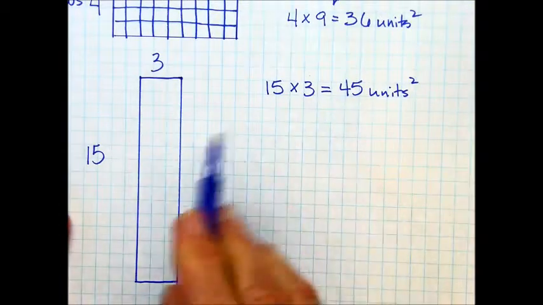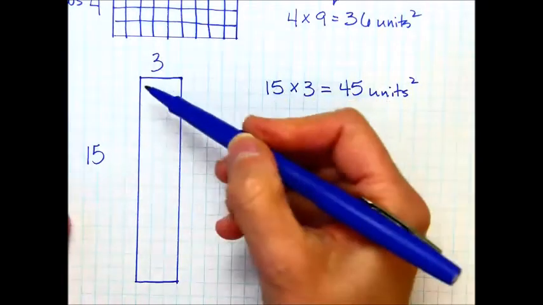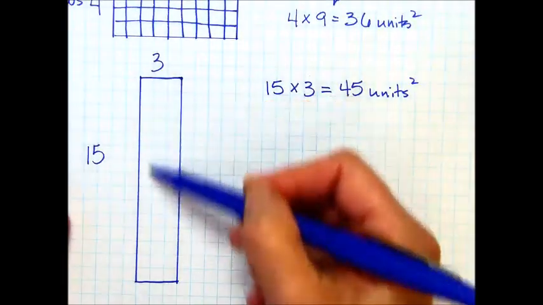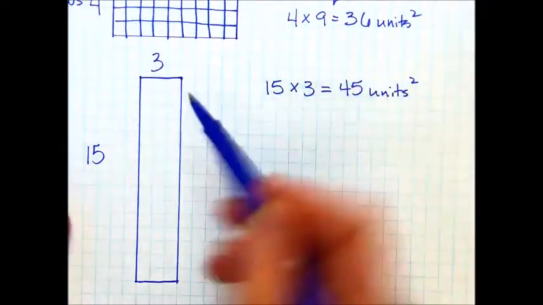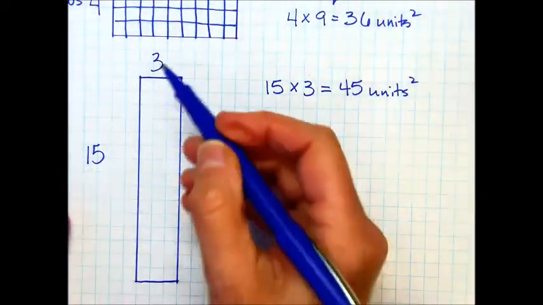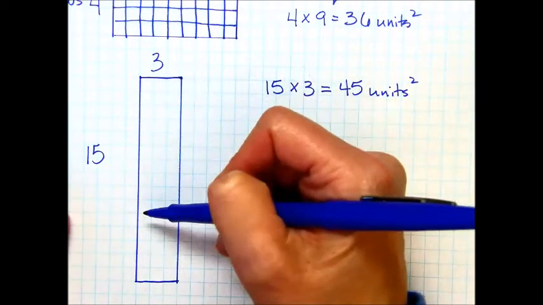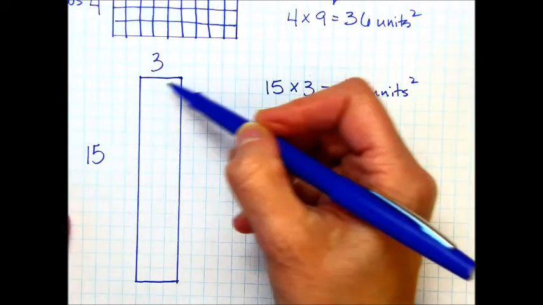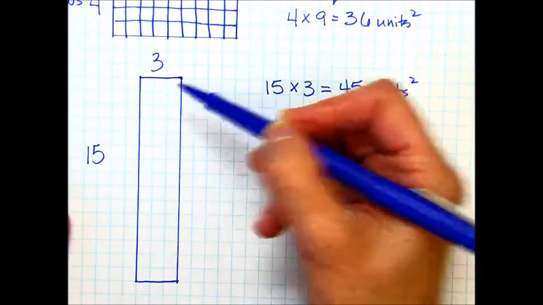If I wanted to count them up, I can count by 15s. I could go by columns if I wanted, or I could go by rows. I could count by 3s, or I can count by 15s. If I counted by 15s, I'd go 15, 30, 45.